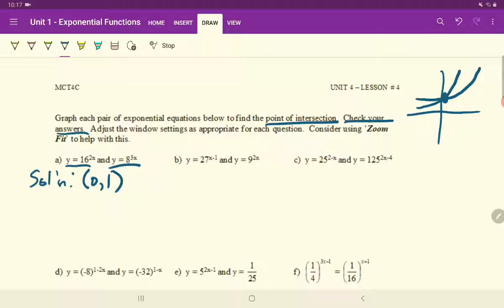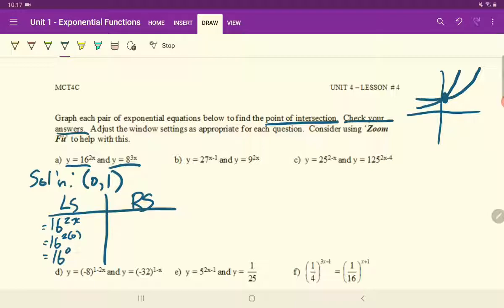Let's analyze what that means. This point exists on both curves, so if we sub in a 0, we should get 1 for both. Let's try it. I'll do a left side and a right side check. For 16 to the 2x, when I sub in a 0, I get 16 to the power of 0.